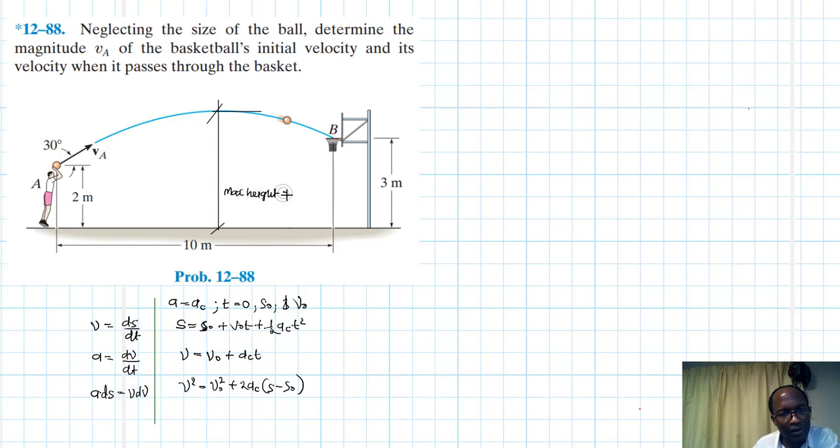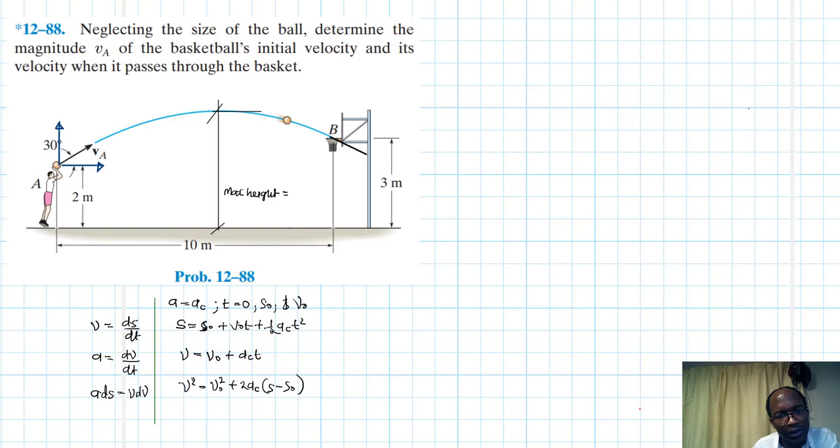Okay, right, so let's label this. We're going to be dealing with horizontal and vertical motion in this particular problem. For the horizontal motion, we do not experience any acceleration, but for the vertical motion, it will experience acceleration.